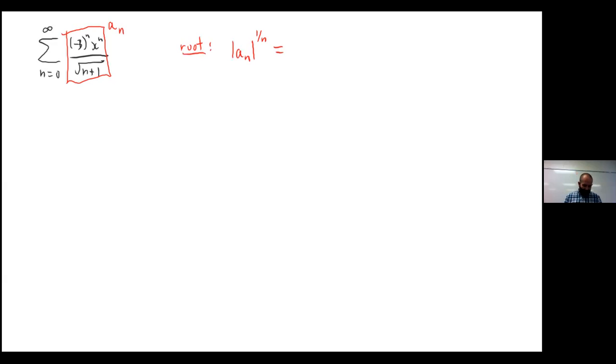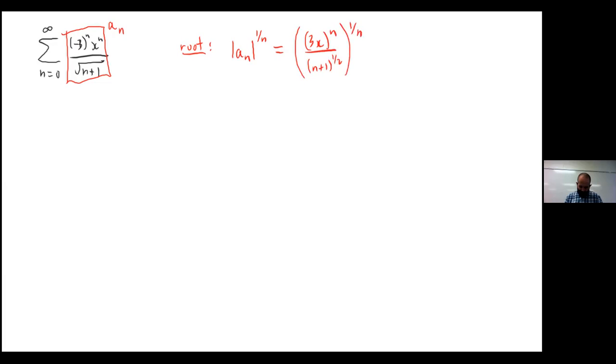By the way, if you take the absolute value of the -3 to the n, the minus sign just goes away. Do you know what I'm saying? So you wrote this as basically 3x to the n over n plus 1 to the 1/2, all raised to the what, Jared?